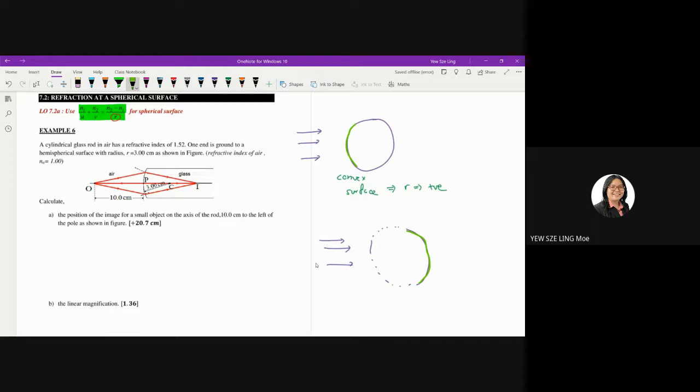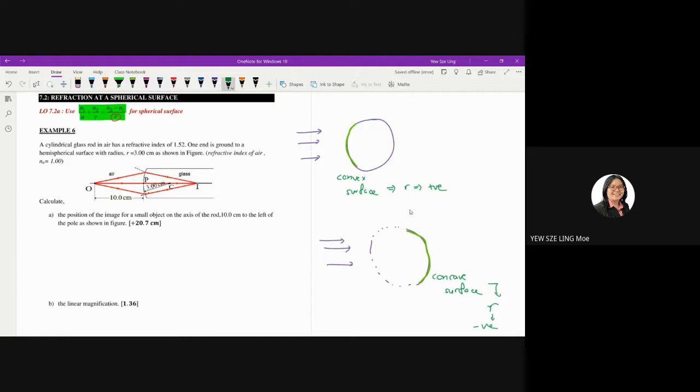Then we call it a concave surface. When the light ray hits a concave surface, we have a negative r.